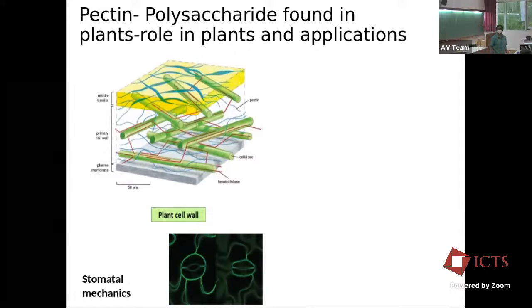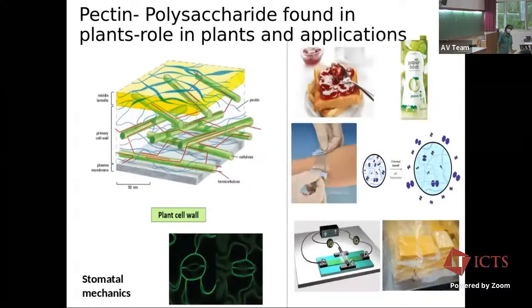So this is a very interesting question about polymers. Some of the applications of this pectin is, you can see your jam there, okay? And jam and jelly and things like that, and also some patches. This particular polymer, pectin, you can extract from lemon peel and things like that.